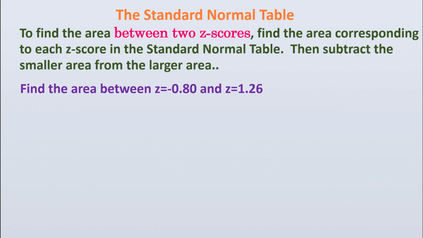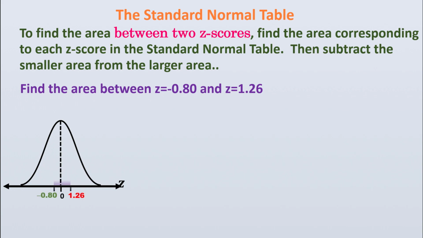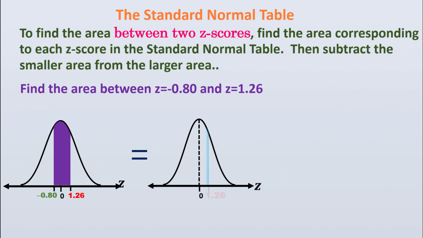Now let me talk about the final case. That is the area between two z-values. That means the area here between -0.80 and 1.26. How do we find this area? Yes, let me explain this way. What is the highest number here? 1.26. Therefore, first find the area left to the highest number, the highest z-score.